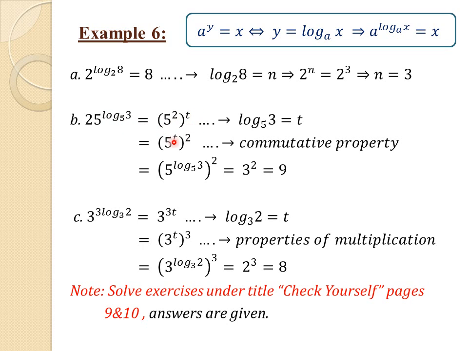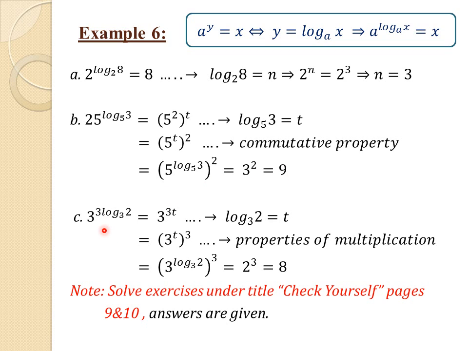What if you replace them? It is possible because you are using the commutative property, and then put t back to its real value, logarithm 3 base 5. Now look at the bases, they are equal. So this is all equal 3 power 2, which is 9.